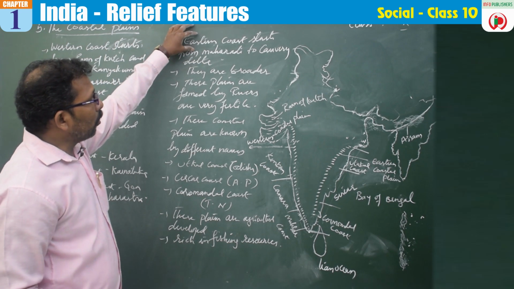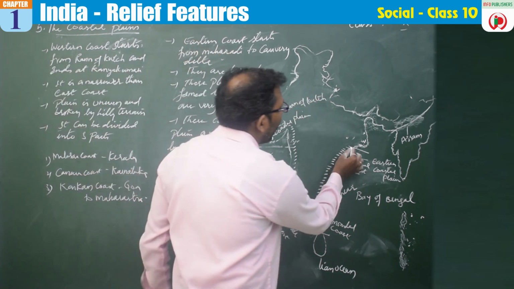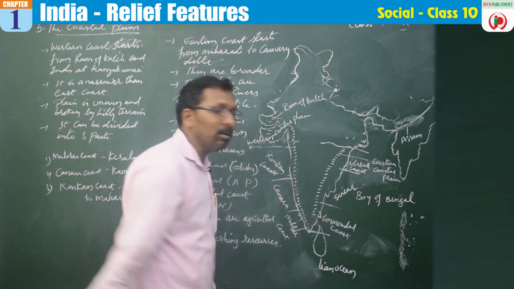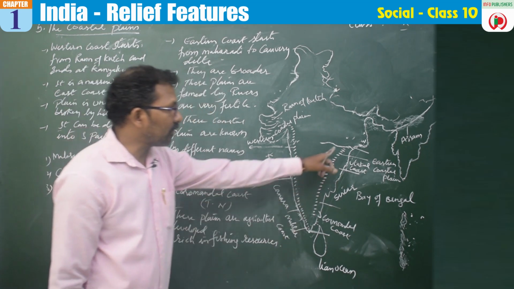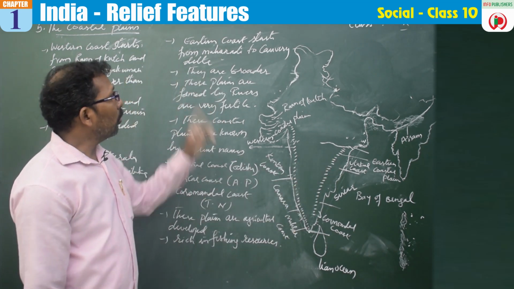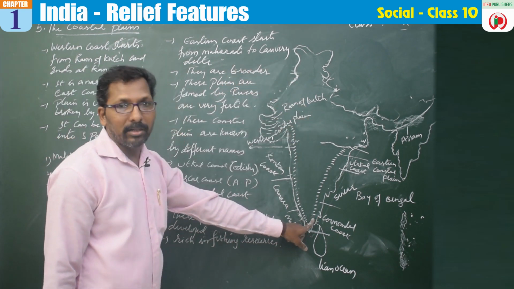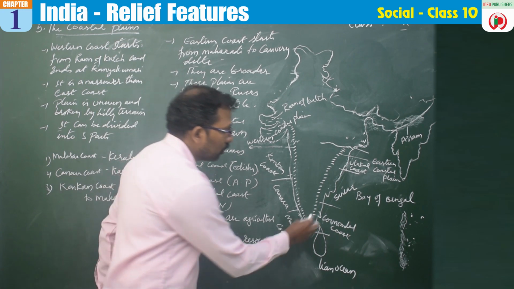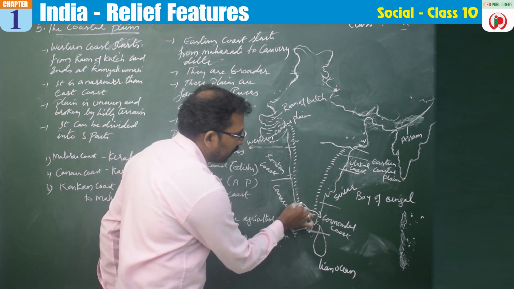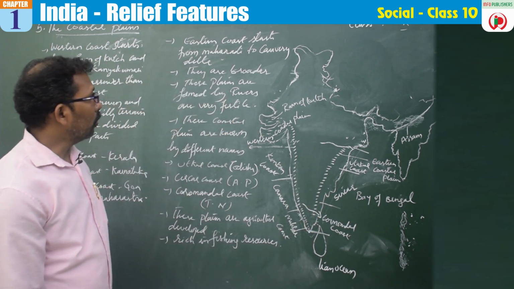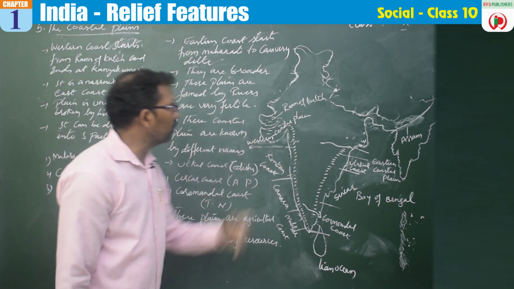The eastern coast starts from the Mahanadi Valley in Odisha and covers up to the Kaveri Delta in Tamil Nadu. They are broader.